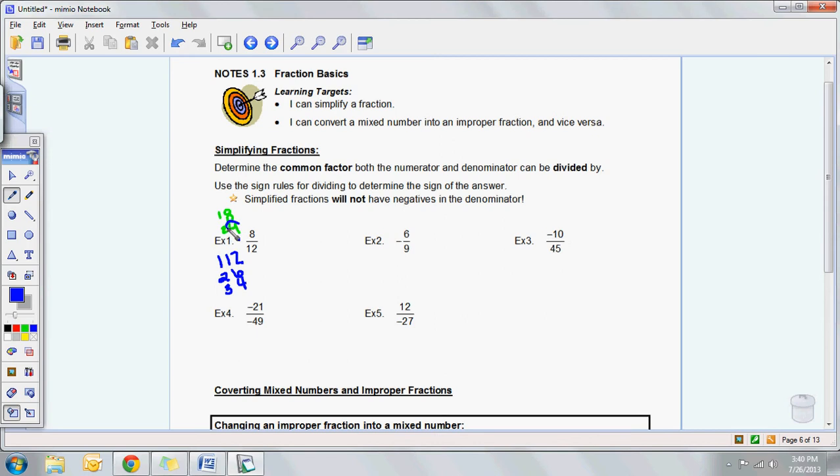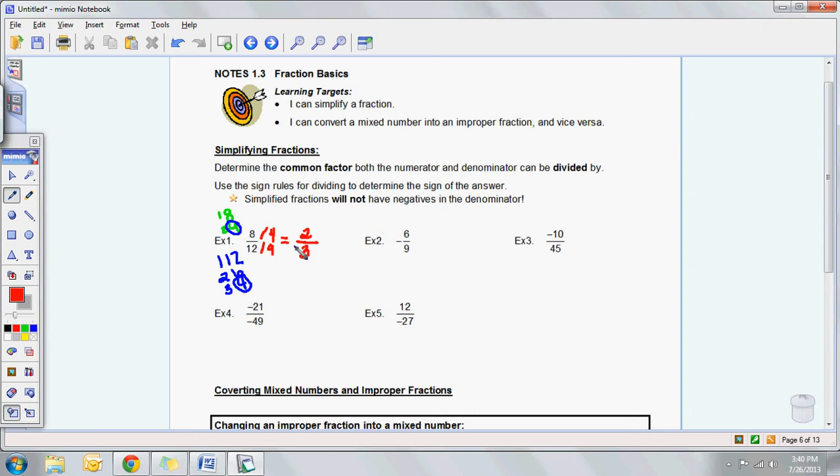And if you couldn't see it ahead of time, you'll see right here that the biggest number you can divide 8 and 12 by is 4. So that's the factor you're going to divide both of these numbers by. We're going to divide this by 4, and we're going to divide this by 4. That gives you 2 in the numerator and 3 in the denominator.